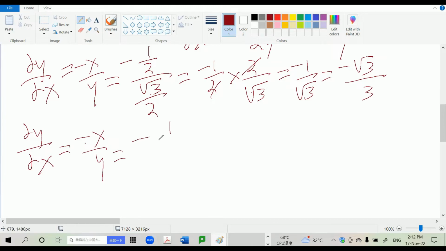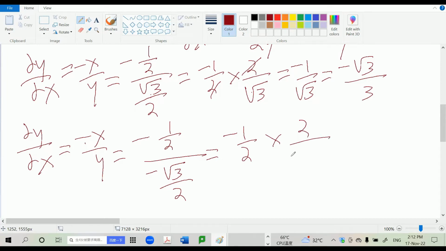That'd be negative or 1/2, right? Divided by negative square root of 3 over 2. That's the same thing as then negative 1/2 times 2 over the square root of 3. That's a negative 2 here. That will cancel out, and then the negatives will cancel. So you just get a positive 1 over square root of 3, which is equal to the square root of 3 over 3, right?